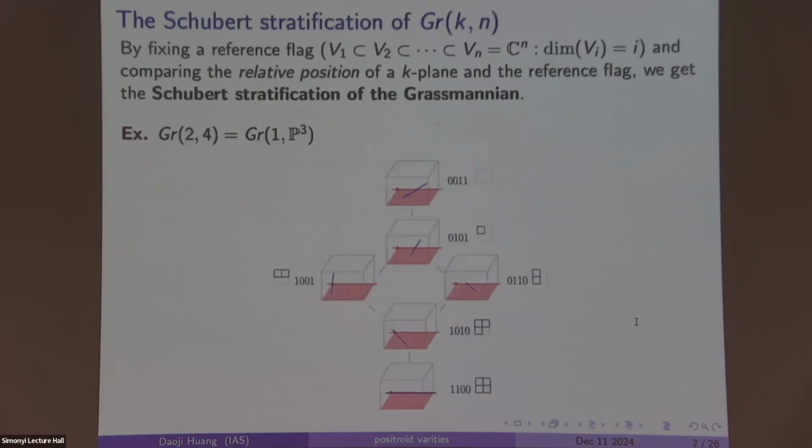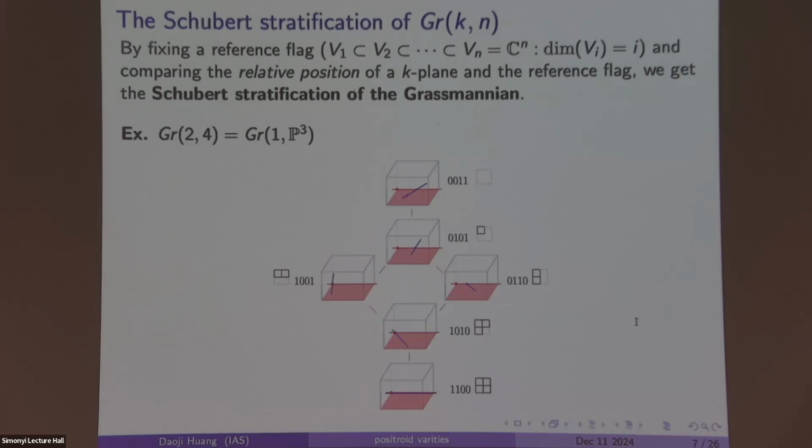Now let's degenerate subvarieties. Today my subvarieties will be positroid varieties. Let me give you a brief overview of positroid varieties. The introduction of positroid varieties starts from the Schubert stratification. The way I think about the Schubert stratification is that I fix a reference flag, the standard coordinate flag, and compare the relative position between the K-plane and the standard flag.